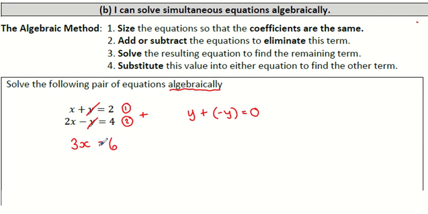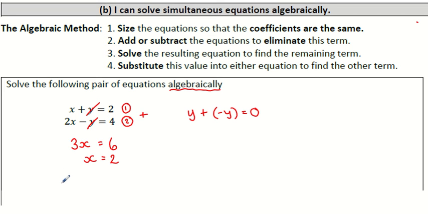You know to divide both sides by 3 and you'll get x equals 2. So we have found our x value, but remember we still need to find our y value to find the point of intersection of these two equations.